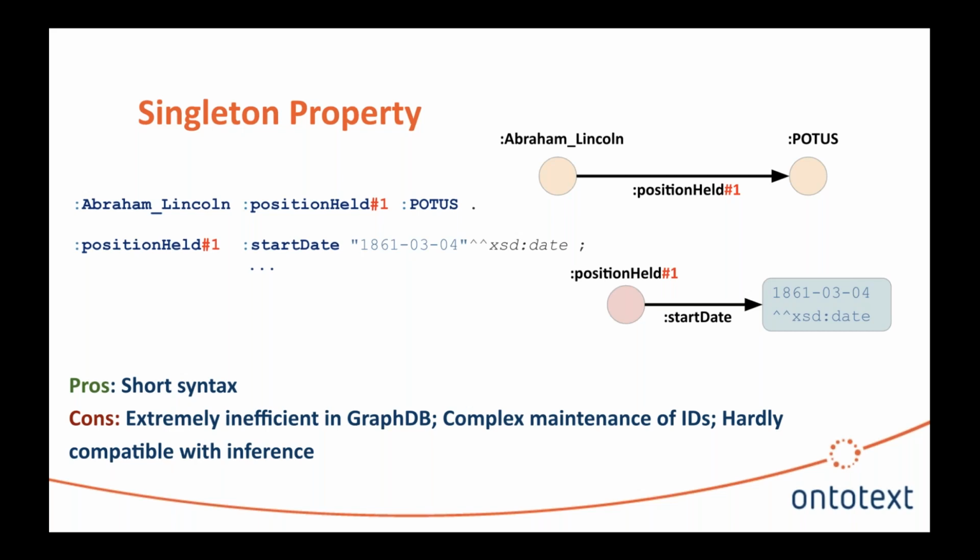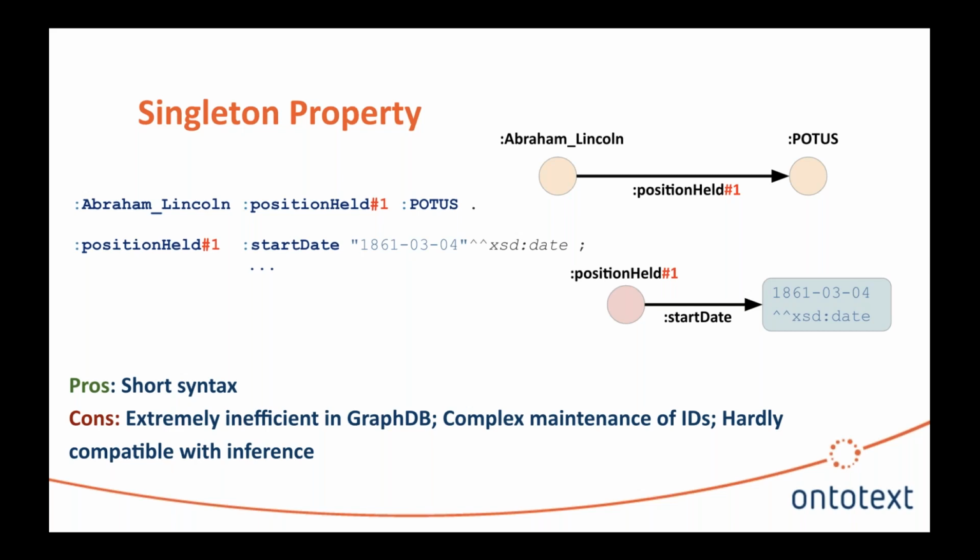But one of the challenges is that typically the GraphDB indexes are fine-tuned for a relatively small number of predicates. If you have a lot of statements with metadata, the indexes of GraphDB will increase exponentially and the database will be awfully slow. The other challenge is that for every statement it will create a new page, but also you need to maintain these complex IDs somehow outside of the database and preserve the consistency.